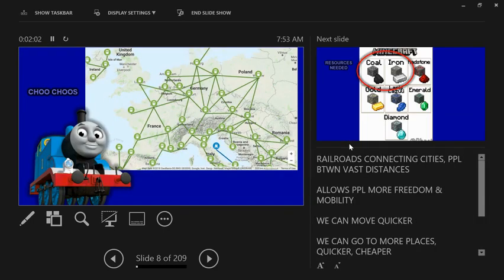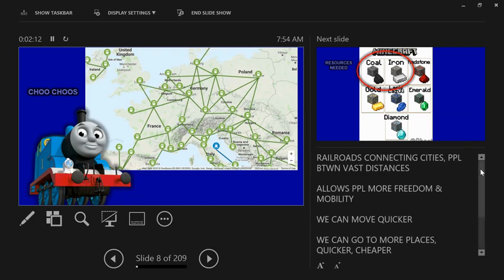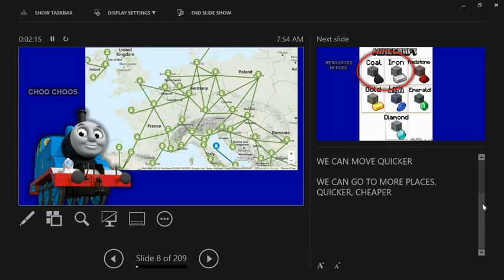Also, trains are a huge deal. Railroads are connecting cities and people between vast distances. That allows people more freedom and mobility to move around. We can go to more places quicker, cheaper, and farther away.